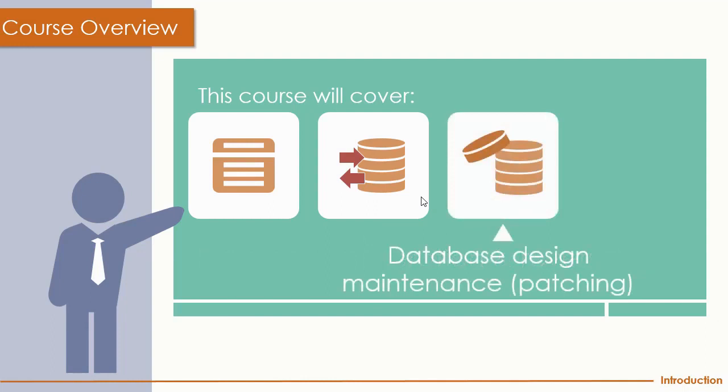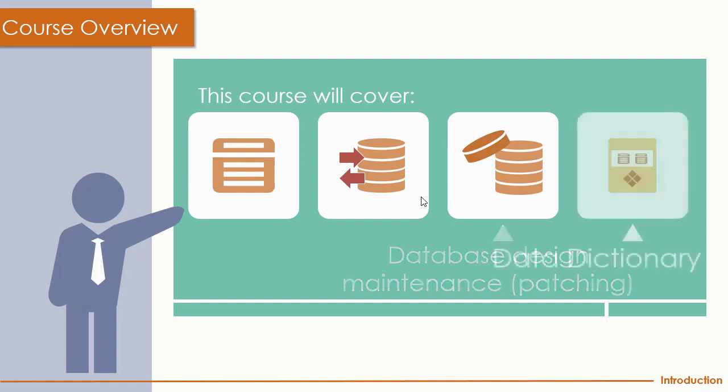And database design is not a one-shot activity. You need to keep updating, keep maintaining your database, adding a new column, new entities, or new relationships based on the new requirements you need in the future. So we'll cover how to maintain the database design, including how to patch your current version database to the new design.